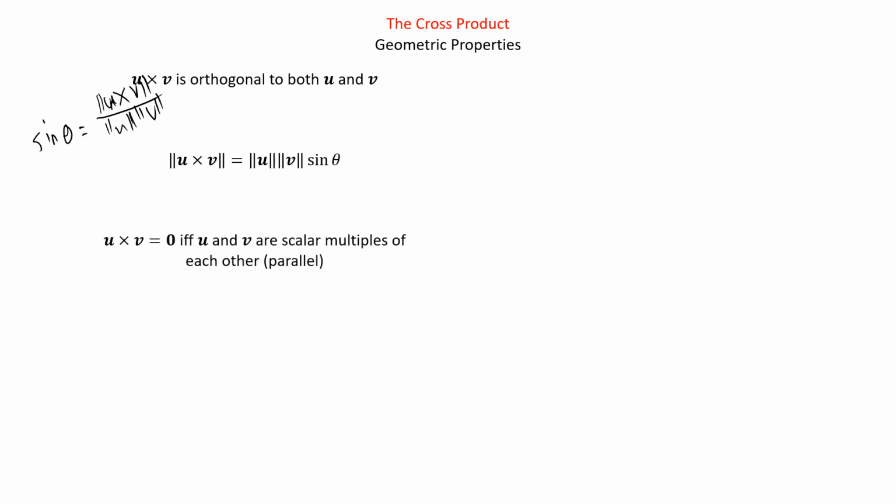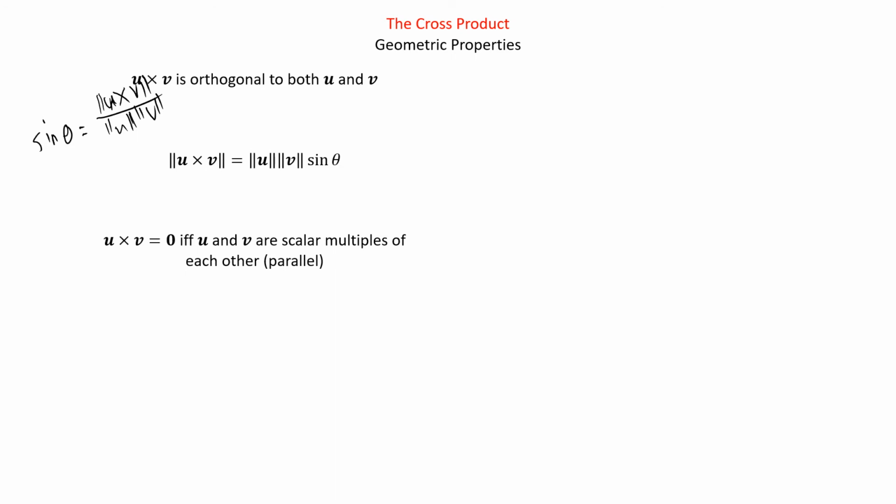U cross v equals 0 if and only if u and v are scalar multiples of each other, which is parallel, which is basically the same vector, but with that extra multiplier added in. And that can go back to that equation with the u2 v3 minus u3 v2.